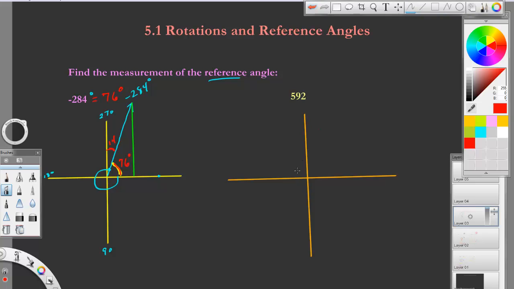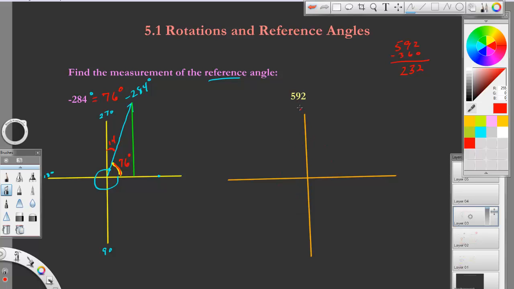So this thing is going to go 592 degrees. Now that's definitely going to be more than one spin, so we're going to subtract 360 from it. That'd be 232. So this thing is going to basically go one whole spin plus another 232 degrees.